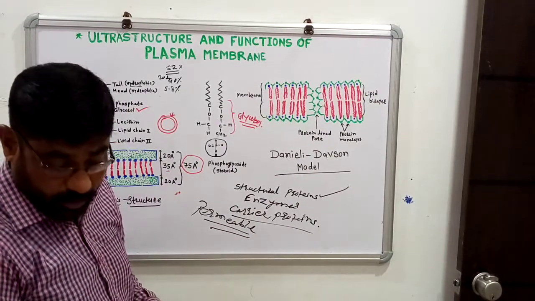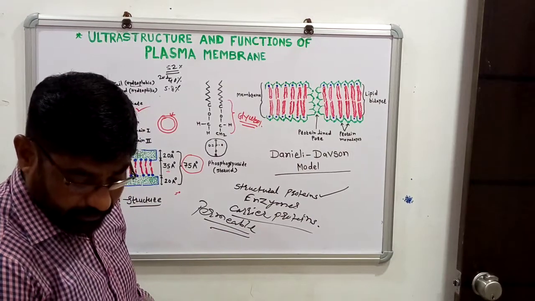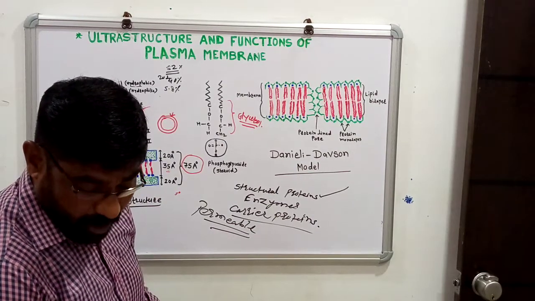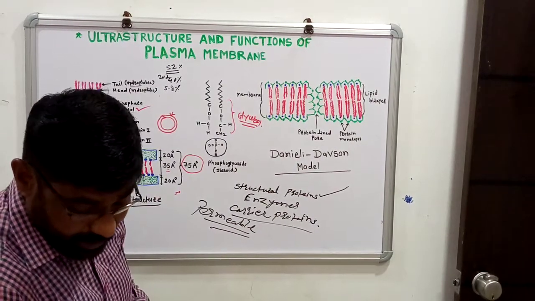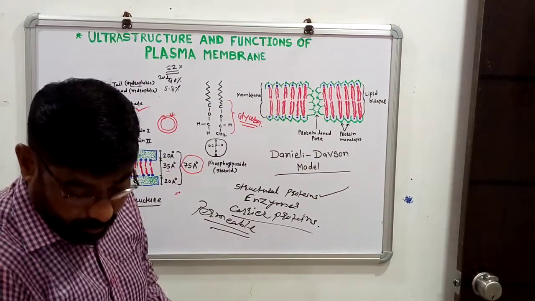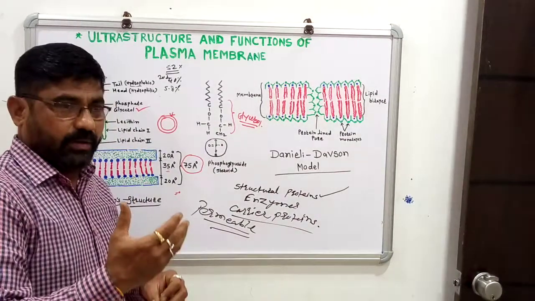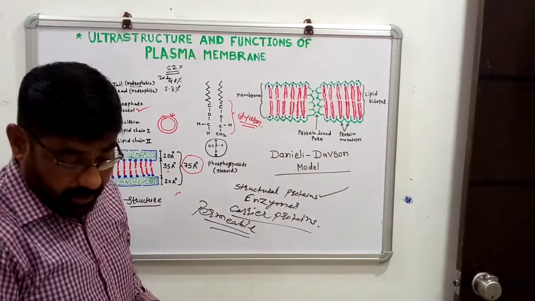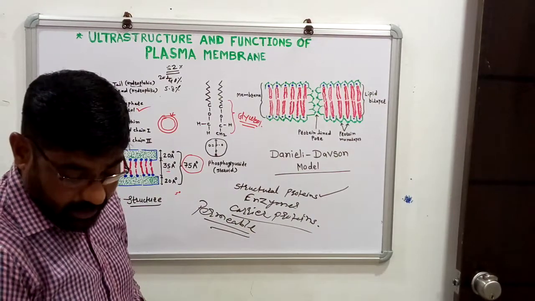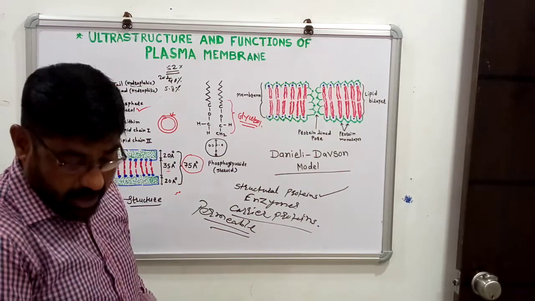So phospholipid molecules are between the protein molecules that form the lipid bilayer, and water and non-polar molecular structures are allowed by this biological membrane, that is the protein and lipid combined with the polar structures.